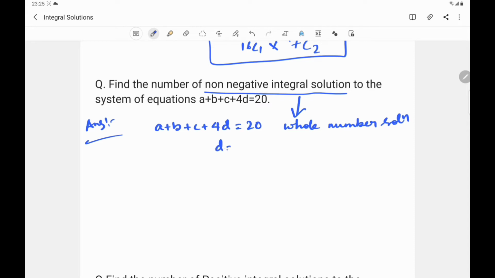D can be 0, it can be 1, it can be 2, it can be 3, it can be 4, can it be 5? Yes, D can be 5, because if D is 5, then a equals 0, b equals 0, c equals 0. So that is possible. So D can take all these values.